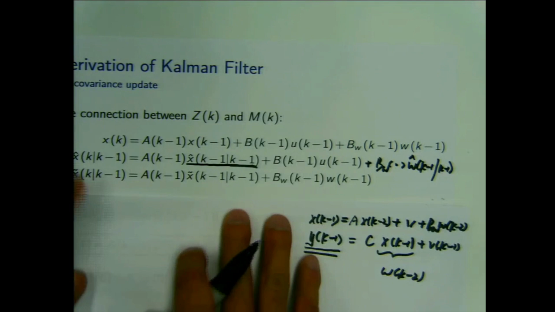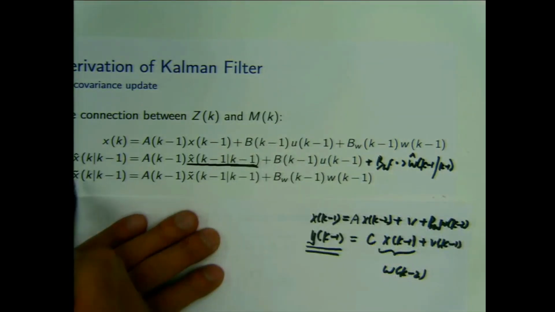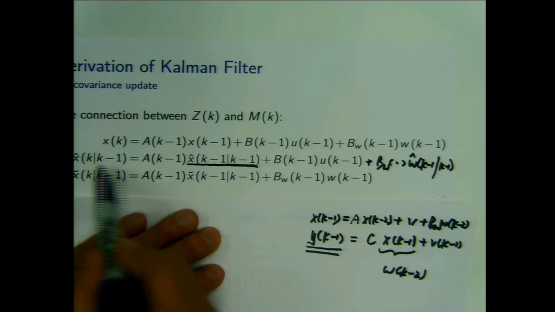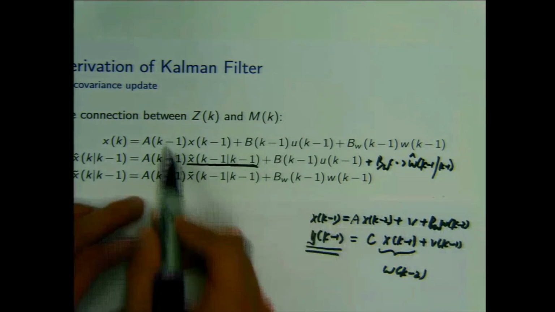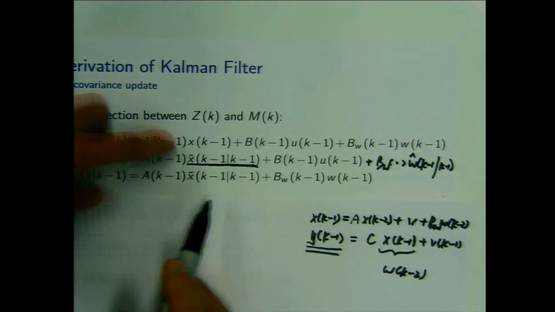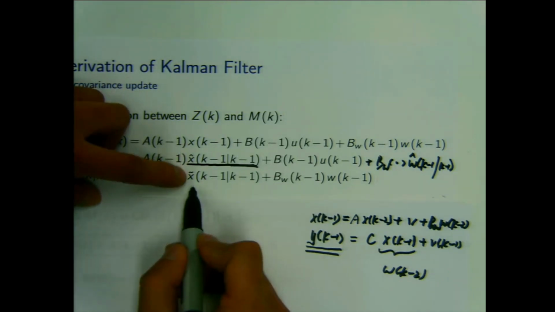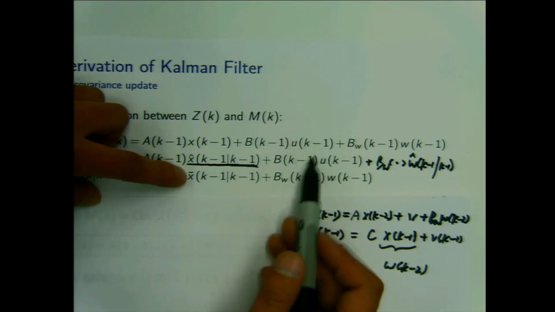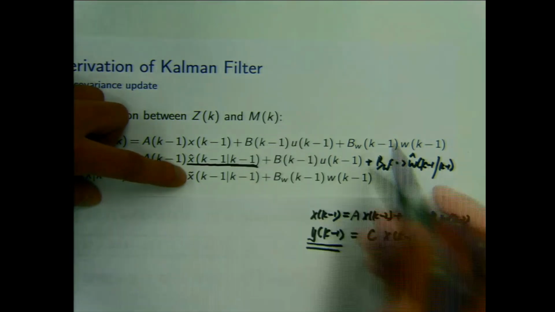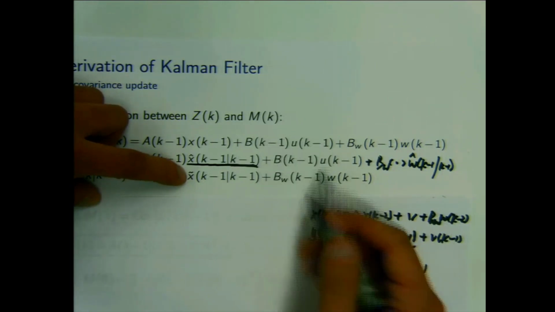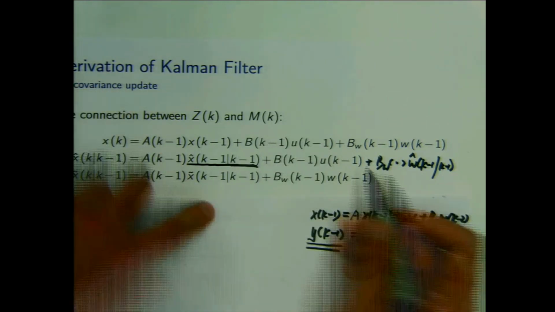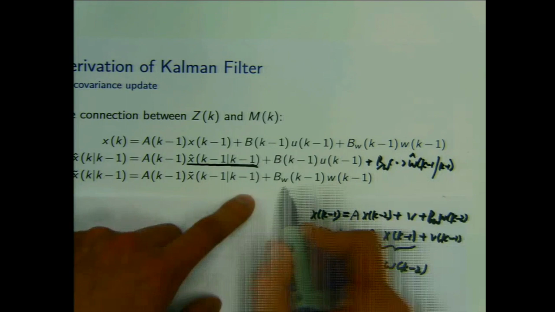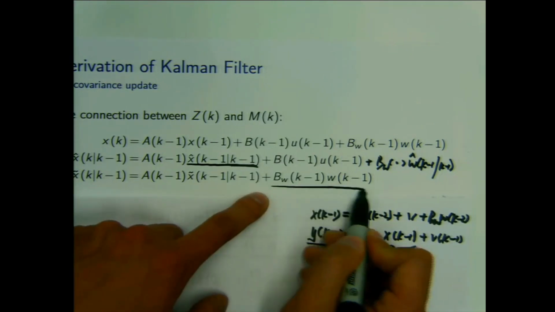Okay? Now, take the subtraction. X tilde is x k minus x hat k given k minus 1. So it's going to be this system matrix times this x minus this, which is x tilde. And you see, the control input, the deterministic information, is cancelled. It's always the case. The deterministic equation wouldn't be a trouble. The trouble is the noise term. The noise term is going to remain here. Okay?